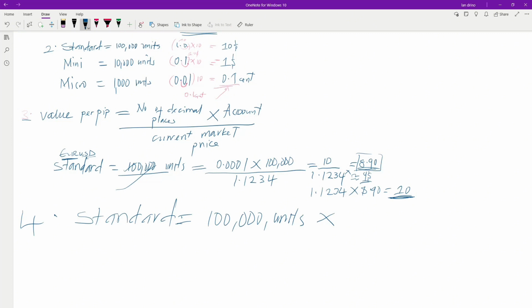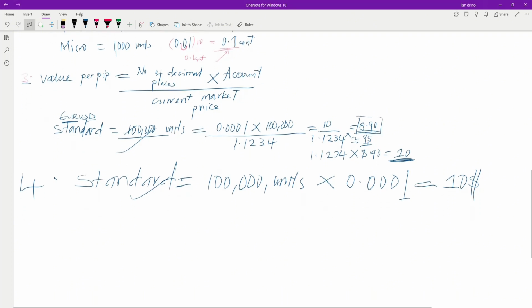Remember, the number of decimal places is equivalent to 0.0001, where this one is the pip. If you multiply this, you are going to have 10. So the value per pip for a standard account is equivalent to 10 United States dollars. I hope it is clear. This is another short format.